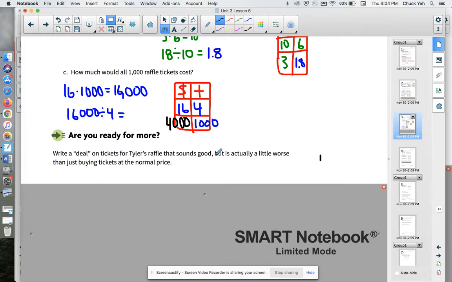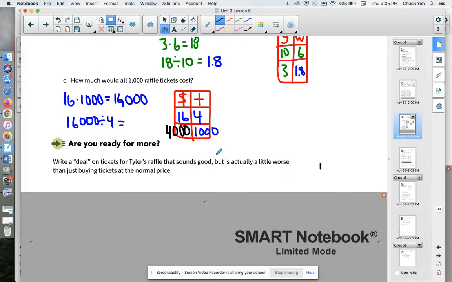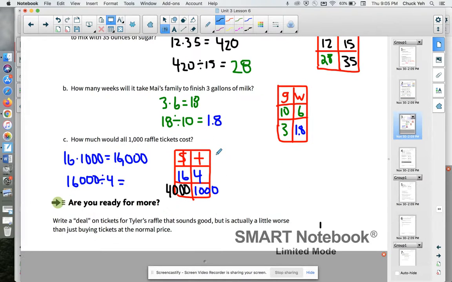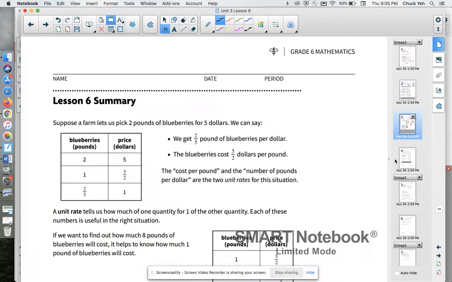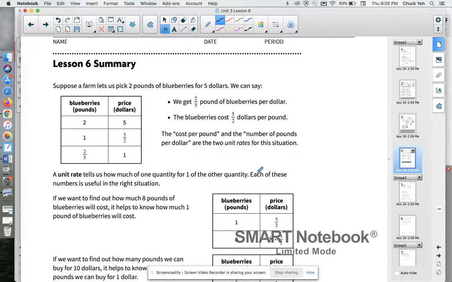Hope you understood this lesson, that you got some of the answers before I even did. Read the summary. Suppose a farm let us pick 2 pounds of blueberries for $5. So we can say that we get 2.5 pounds of blueberries per dollar. The blueberries cost five over two dollars per pound.